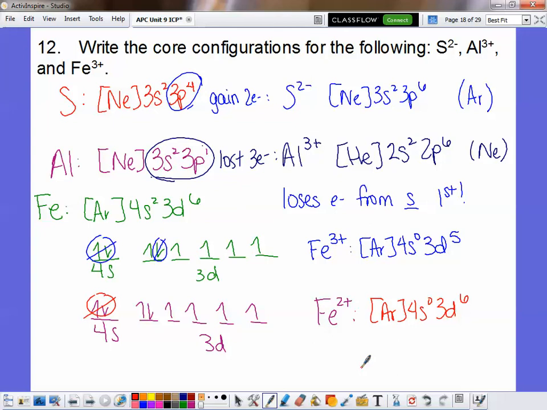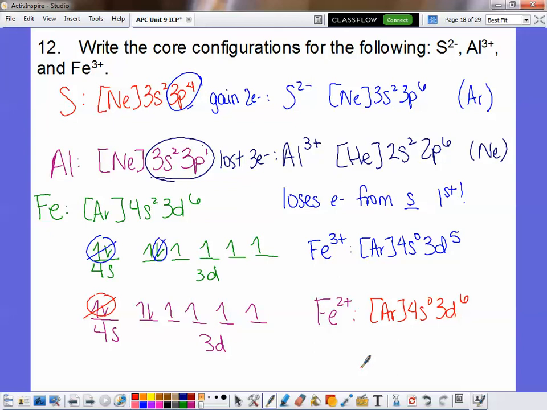Iron is one of the few exceptions where the higher oxidation state is favored. Let's look at the configuration. The Fe3+ ends up with a half-filled 3d sublevel. That's a little bit more stable than the more than half-filled Fe2+. It all comes down to these electron configurations.